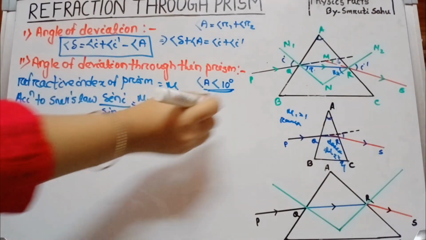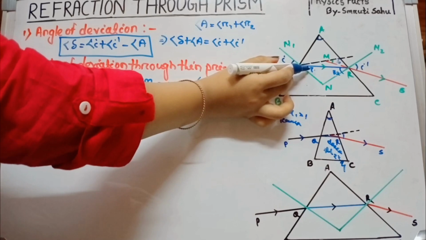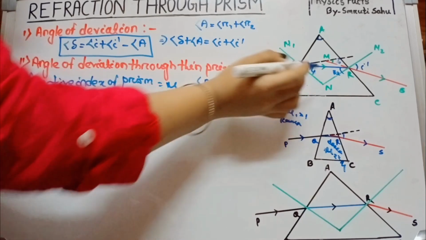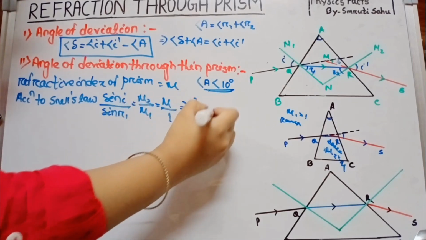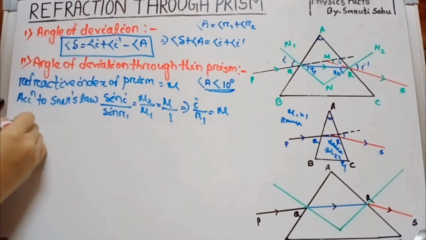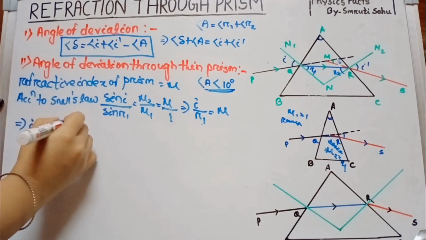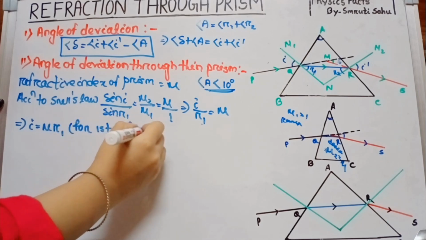Because the angle of incidence and angle of refraction are very small, sin I is equivalent to I and sin R1 is equivalent to R1. So I by R1 equals mu. That is, I equals mu R1 for the first refracting surface.